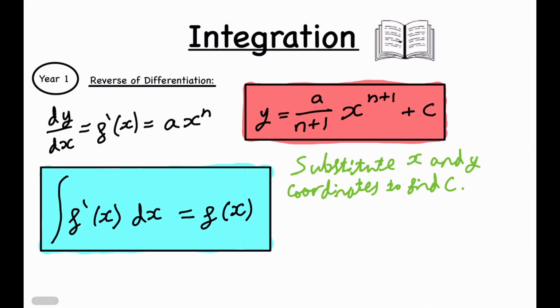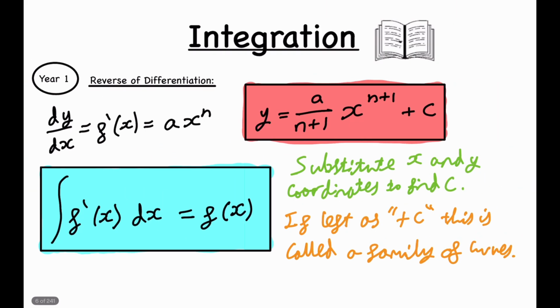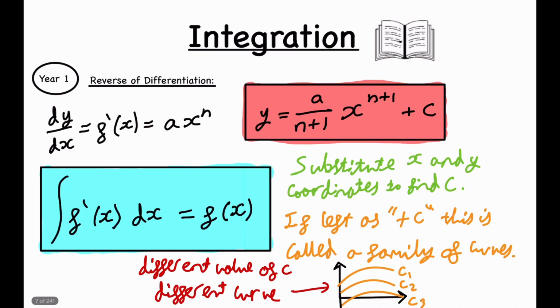And to find your c, if you have your values of x and y, you can substitute them into the equation to find your c. And if not, if you leave it as plus c, this is called a family of curves. So when they don't give you your x and y, you leave it as a family of curves, because different values of c will look like this.